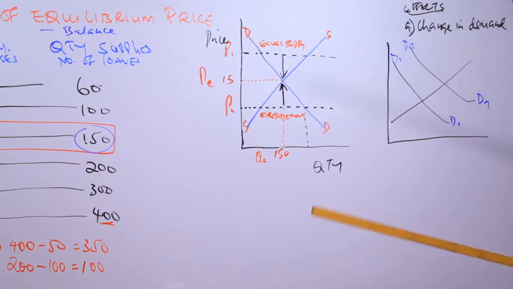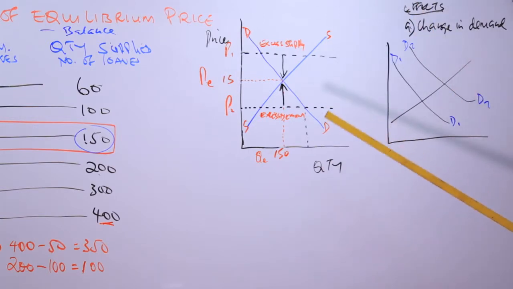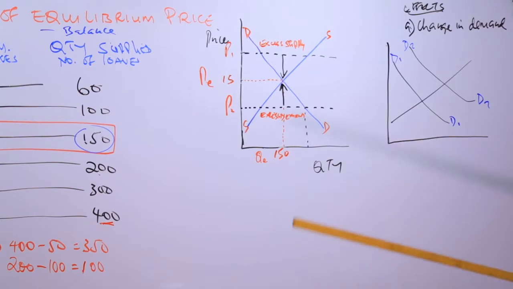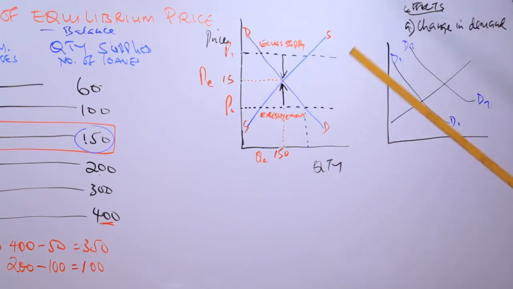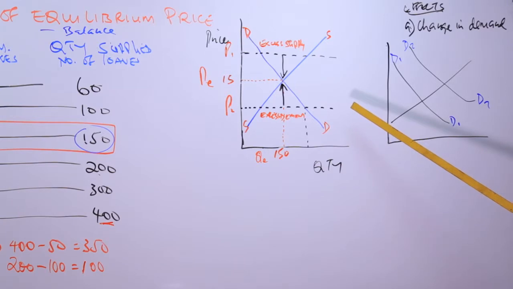You can see that an increase in demand will attract higher prices, and the higher prices will attract more supply. In this diagram, demand increased from D1 to D2.